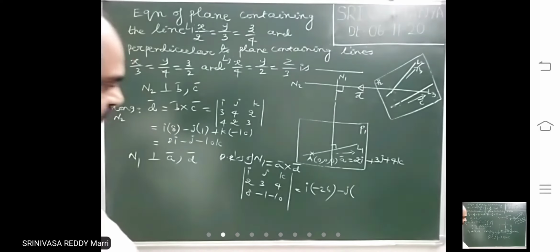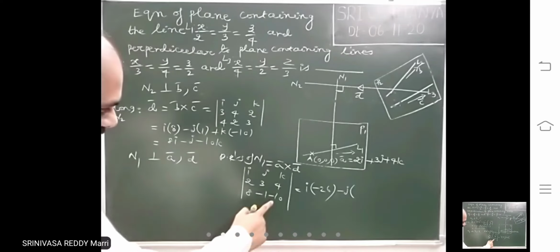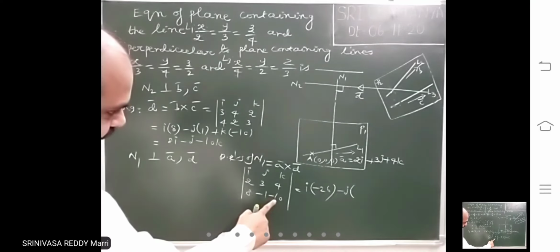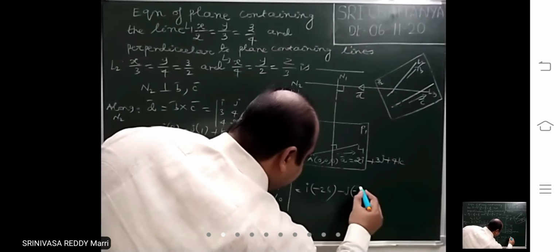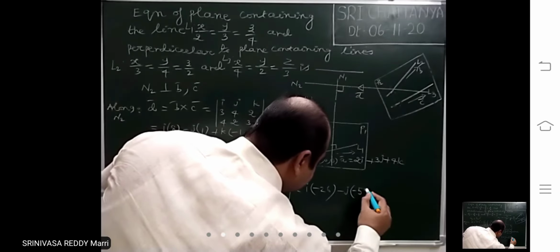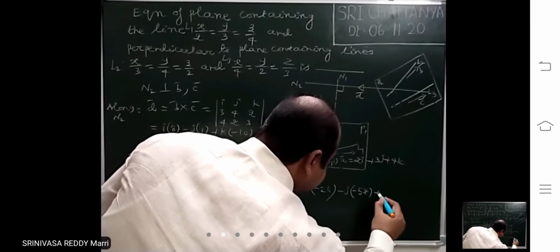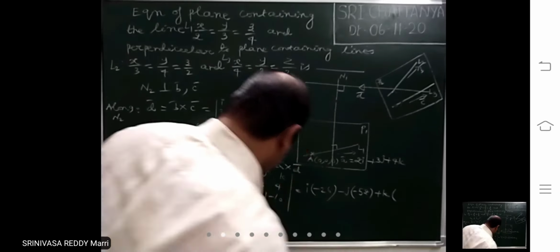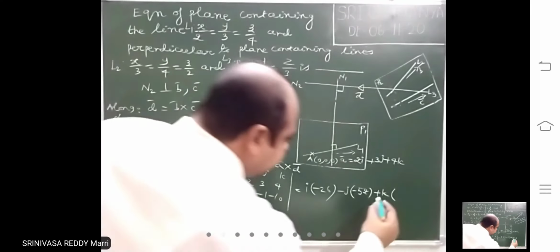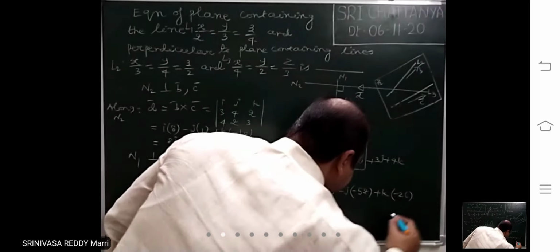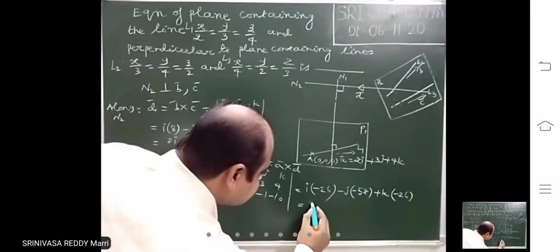minus j into, this is minus 20 minus 32, minus 52, plus k into, so plus k into minus 2 minus 24. That means minus 26.